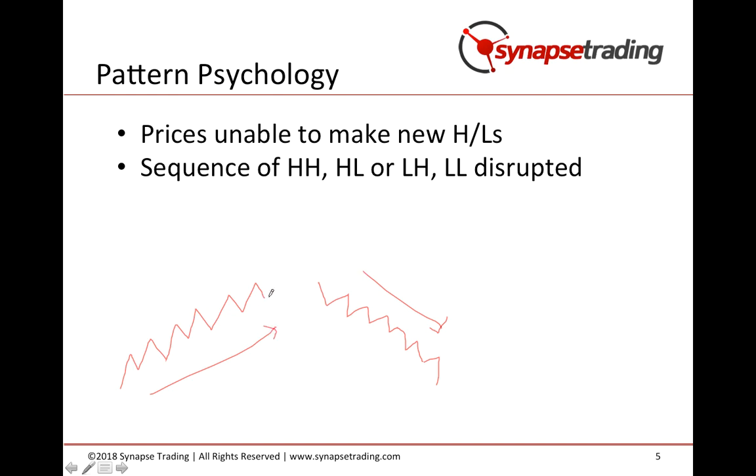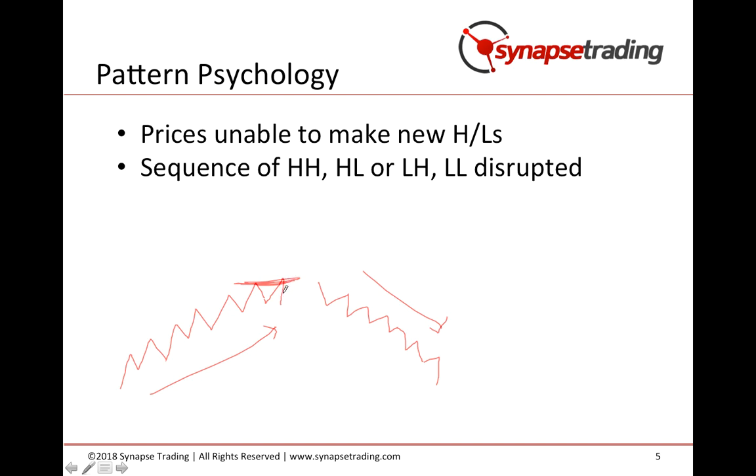So when you get a double top, essentially what is happening is that prices are unable to make a new high. The sellers, the bears, start to step in and sell, and it leads to prices being unable to make new highs.